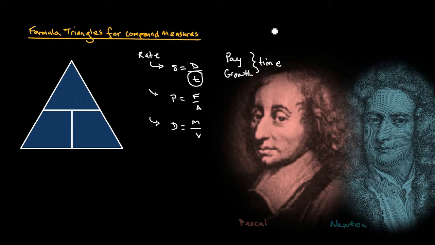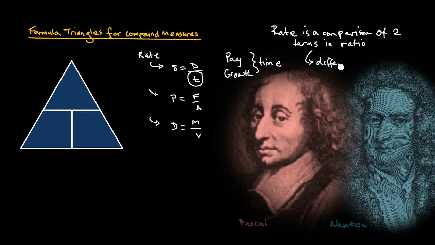By formal definition, rate, in fact, is a comparison of two terms in a ratio when the two terms are in different units of measurement.